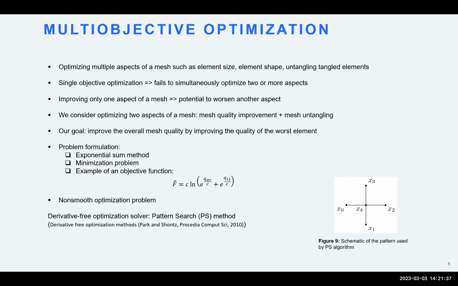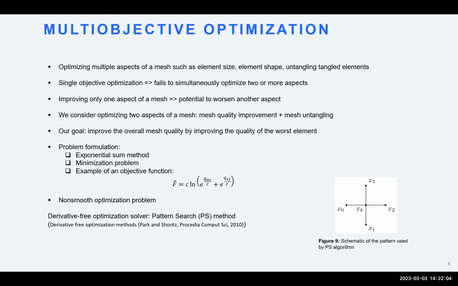How do we do that? We use a mathematical method called the exponential sum method to put together these competing quality metrics into one objective function. And we define our optimization problem as a minimization problem. An example of one of the objective functions is provided there.